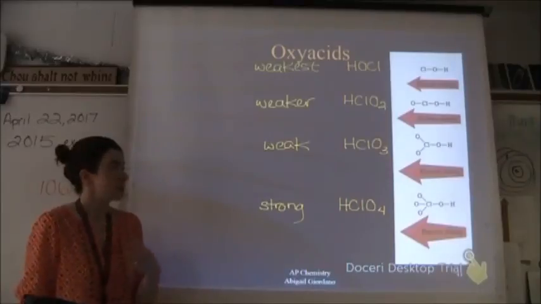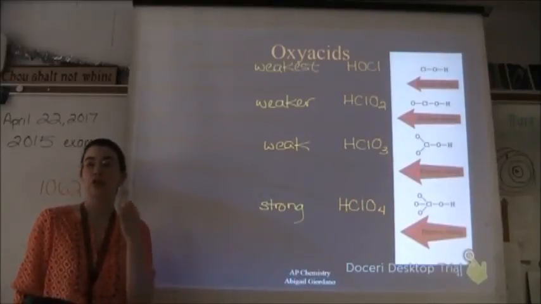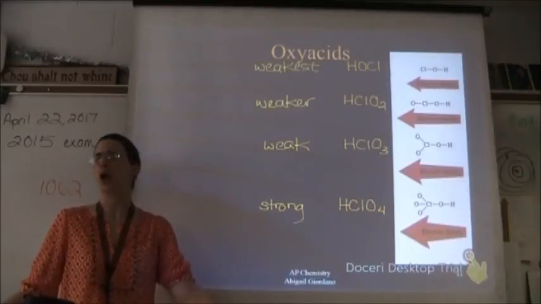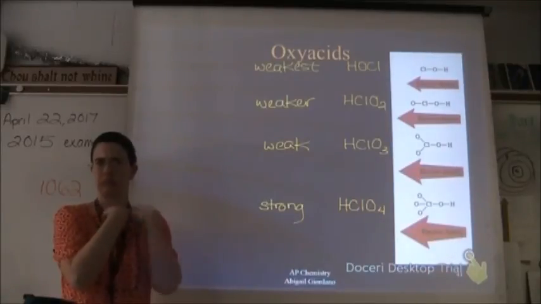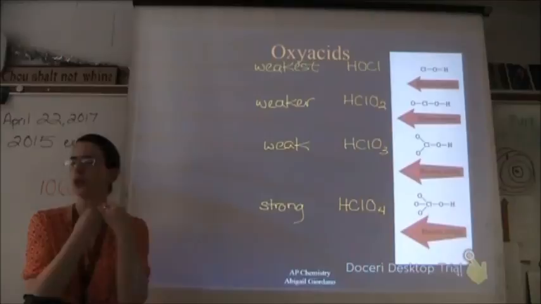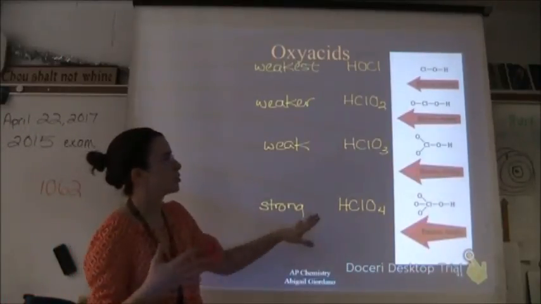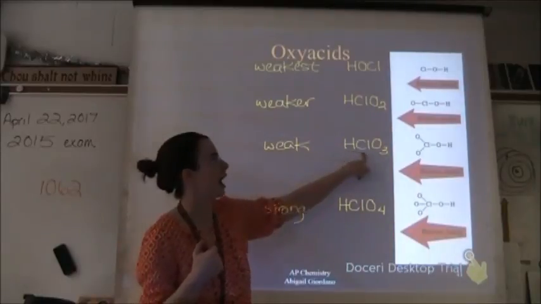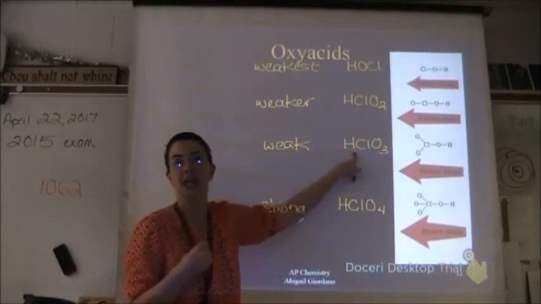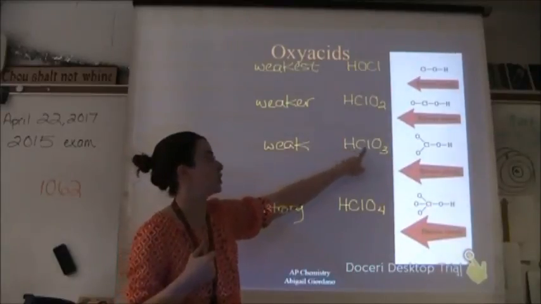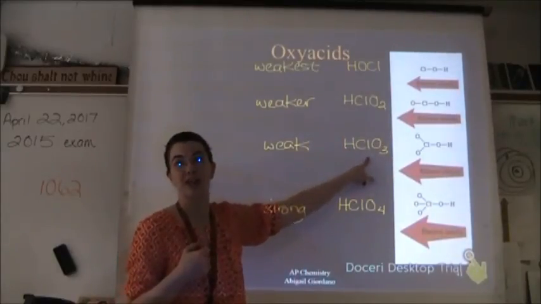Oxygen is a very electronegative element. What does that mean, first of all? It does what? It pulls electrons towards itself. First and foremost, guys, I want to make sure that you are clear. Just because an acid formula is written like this doesn't mean that the hydrogen and the chlorine are bonded together. They're not.